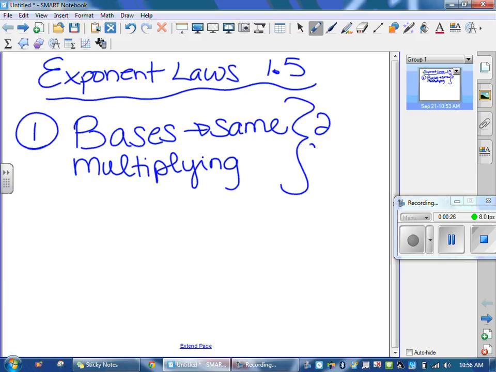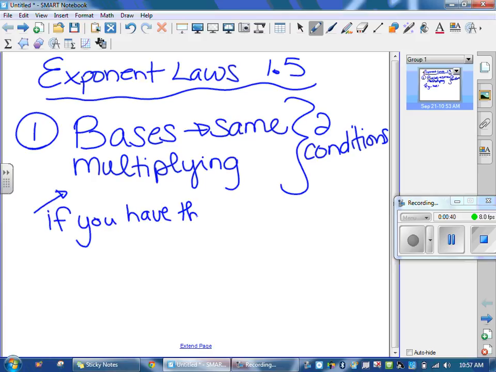Those are the two conditions that you need to have in order to use the exponent law. Okay? So, if you have these, you can use the exponent laws.